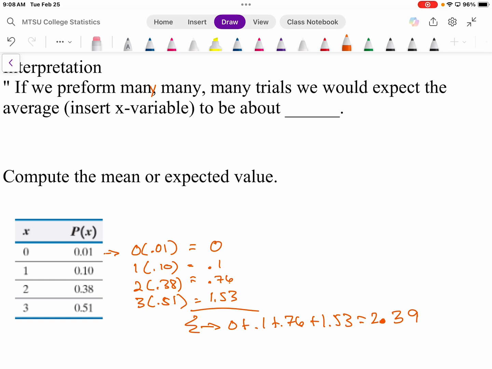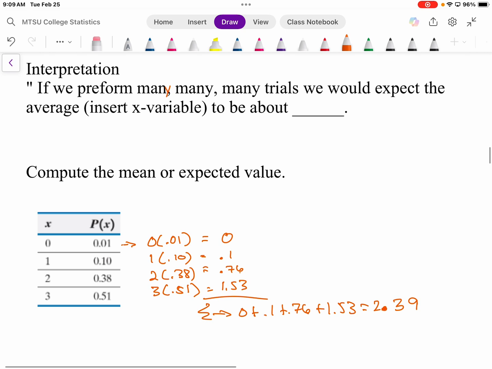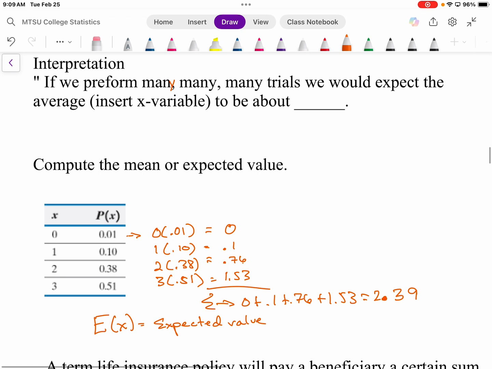So there is my expected value. All right, so my expected value, now we use a terminology, capital E of X is known as the expected value. That's the notation for it. And more or less, the expected value is equal to the mean, whatever the mean is. So in this case, our mean is 2.39.